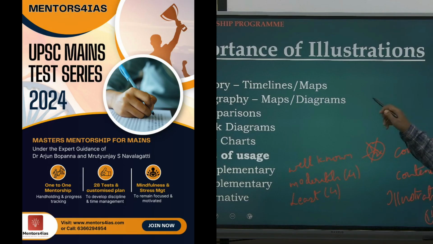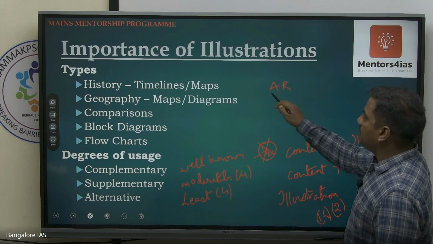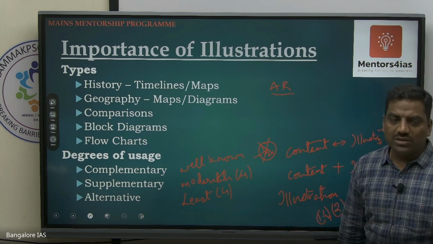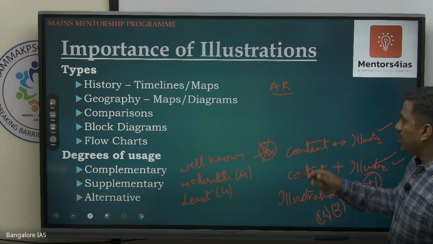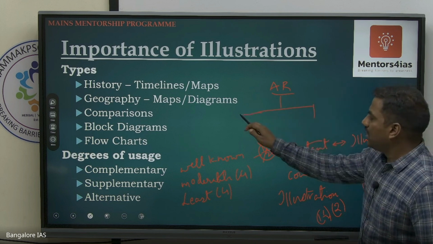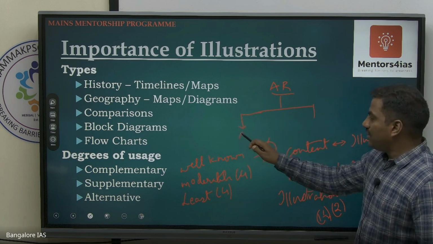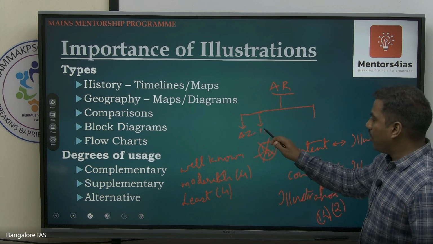For example, the last question that you are attempting is agriculture reforms. And you know that you have only 3 minutes. You cannot explain each and everything. So here simply you will write agriculture reforms, and under this you will write abolition of zamindari, and here you will write the tenancy reforms.